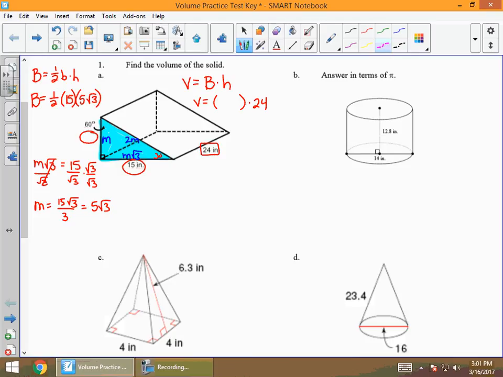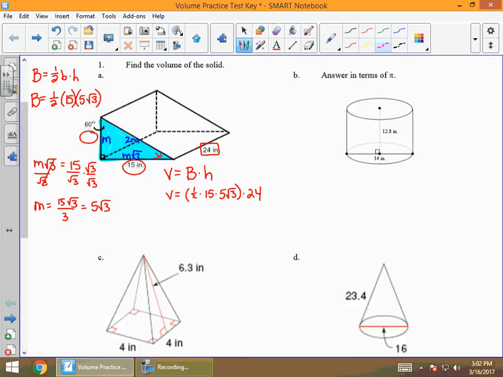All right, so now I can get back to my volume here. So volume we know is big base times height. So that volume, area of the base is 1/2 times 15 times 5 radical 3, and then times the height of 24.